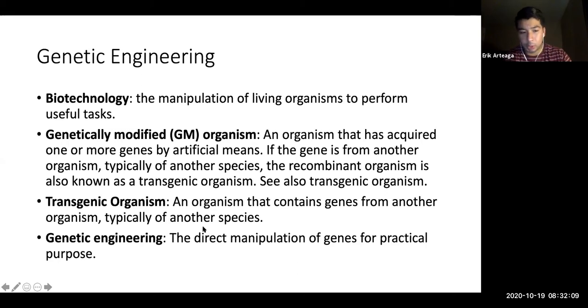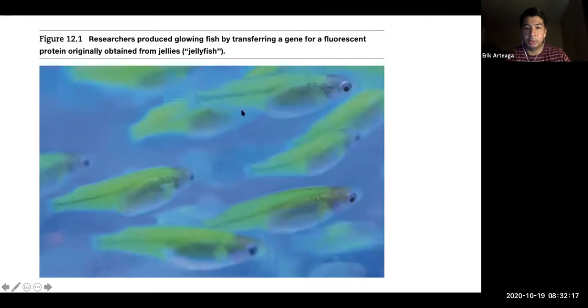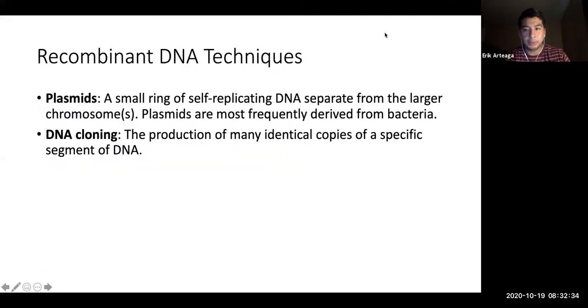And I personally worked with bacteria, so it was much easier to perform than if I was working with a larger organism or a eukaryotic organism for that matter. Again, multiple layers of gene regulation. And here you do have a transgenic fish. So you have fish that have DNA from a jellyfish, right? And you show this fluorescent display in this organism now.